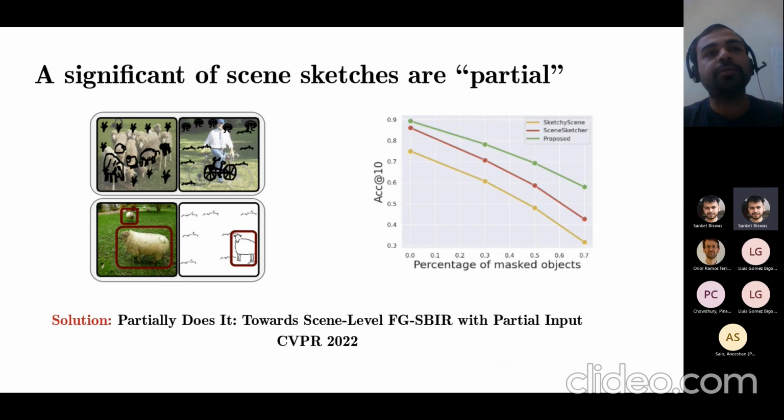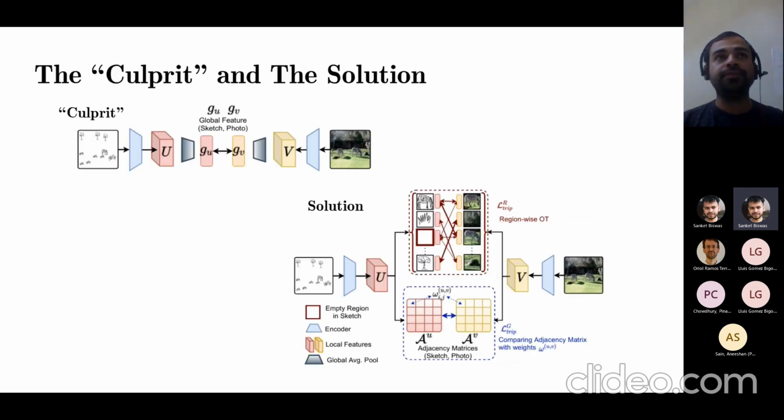which is why we came up with the CVPR 2022 paper, Partial Does It, where we explored what is wrong with the algorithms used for object level FG-SBIR and what should be improved. The culprit, what we call, is global average pooling. You take the sketch and the photo, combine them into a global feature vector, and match the L2 distance or cosine distance.